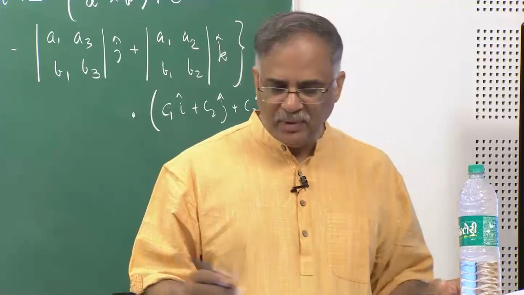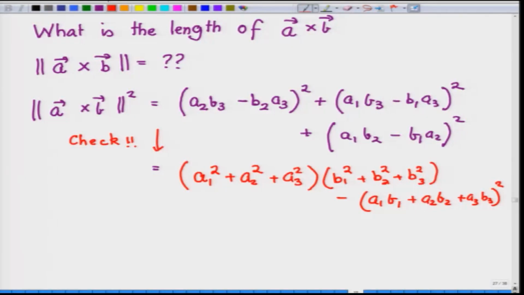Please understand that A is a vector with A1, A2, A3 as coordinates, and B is a vector with B1, B2, B3 as coordinates, and the term A1 B1 plus A2 B2 plus A3 B3 is just the dot product. So, I can write this whole thing as norm A square, norm B square, minus (A dot B) whole square.